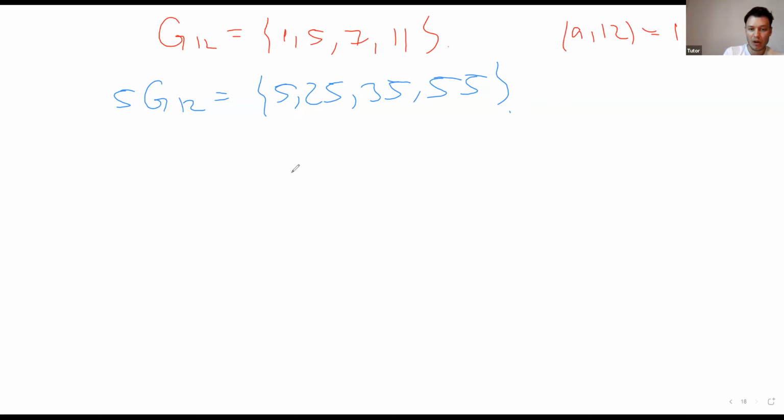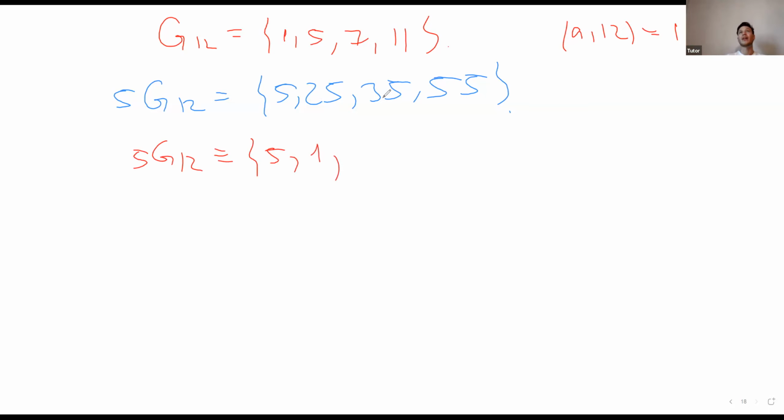Now if I simplify this and write it mod 12, 5 times G12 is congruent with 5, well, 5 is still 5. What is 25? 25 is 24 plus 1, so this is congruent with 1.